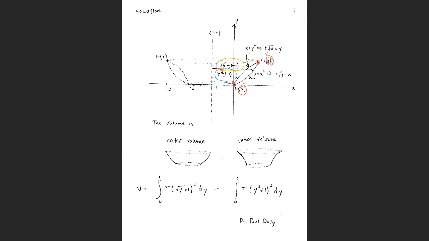Your inner radius would be y squared plus 1, and your outer radius is the square root of y plus 1. This is a radius. y squared plus 1 is a radius, and you get the radius from your graph.